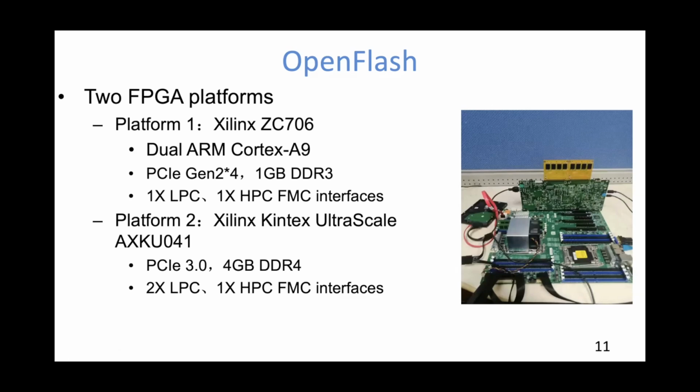The second platform OpenFlash can run on is the Xilinx Kintex UltraScale FPGA. It has PCIe Gen 3 and 4 GB DDR4 DRAM. This figure shows the hardware prototype of OpenFlash. The large board is the FPGA development board, and the two small cards above are FMC-based flash cards.